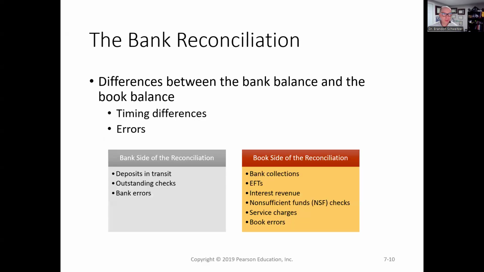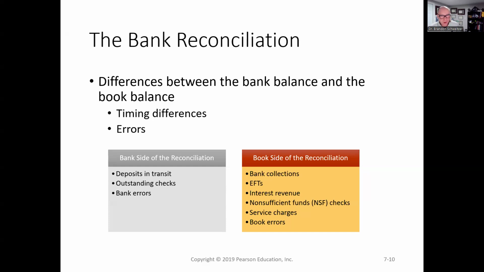So when there are discrepancies between the two, we have to make adjusting entries to make that adjustment for your cash balance. And that might be a debit or credit to cash depending on what's going on. If the difference is because we've earned interest on our cash, we would debit cash and credit interest revenue.